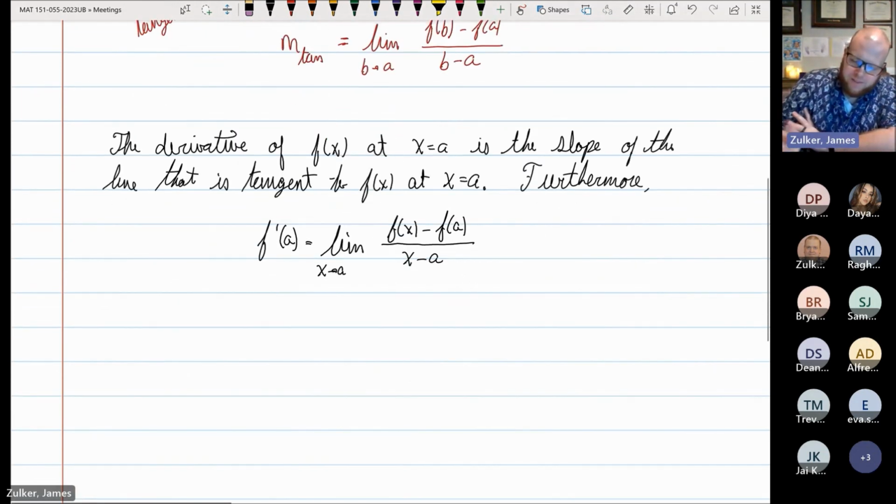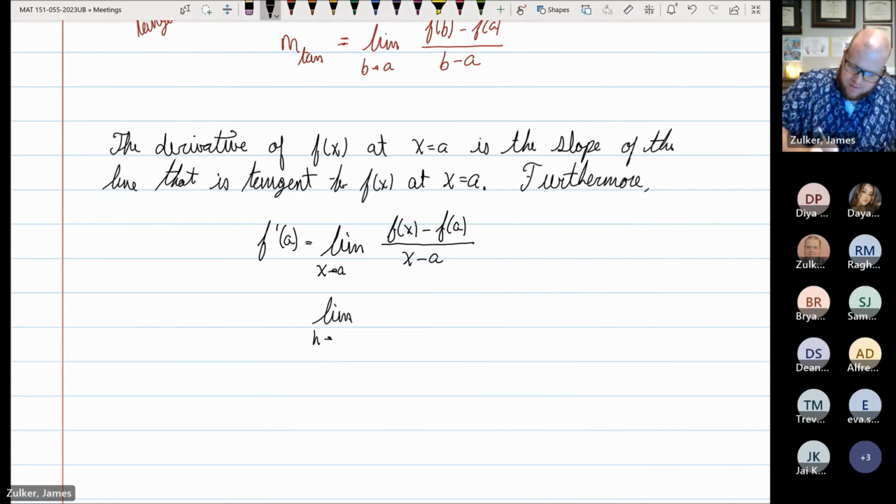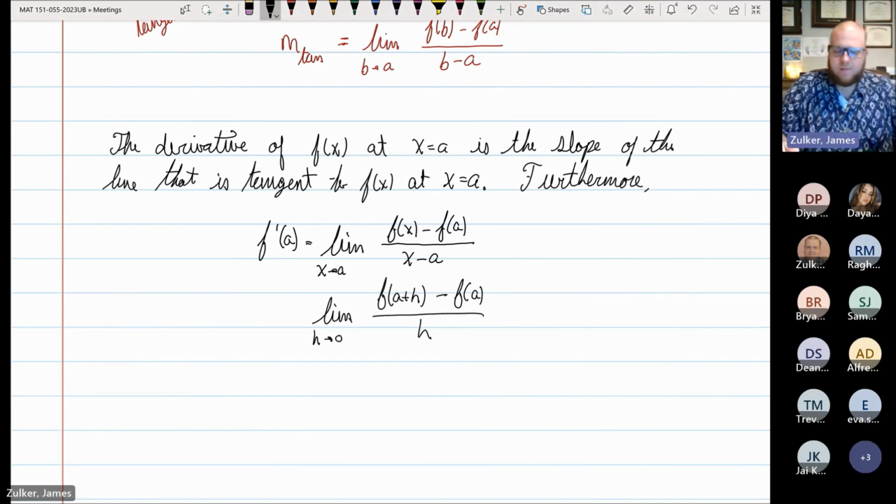An alternative formula: the limit as h approaches 0 of f of A plus h minus f of A all over h.